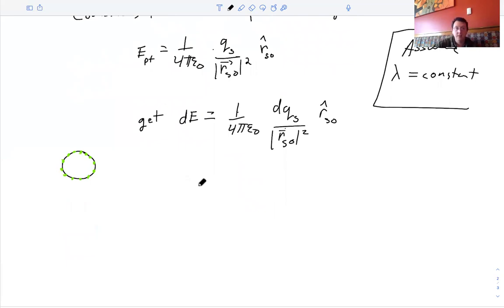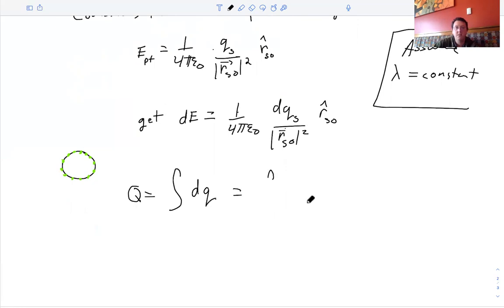All right, so let's set this up. I'm going to write, as I frequently do, something like: the total charge is nothing other than the sum of all the little charges.